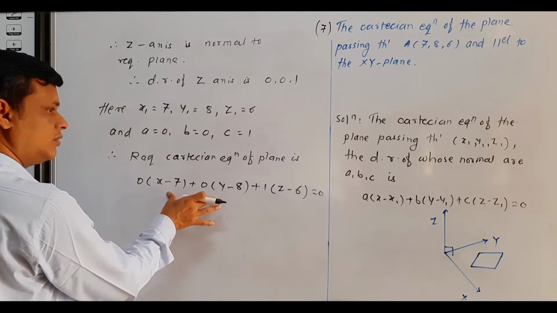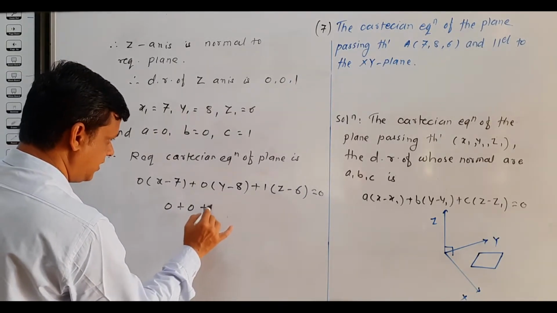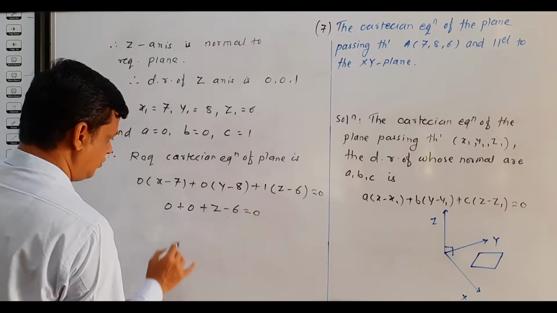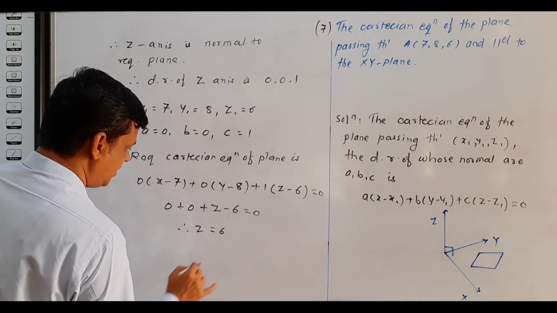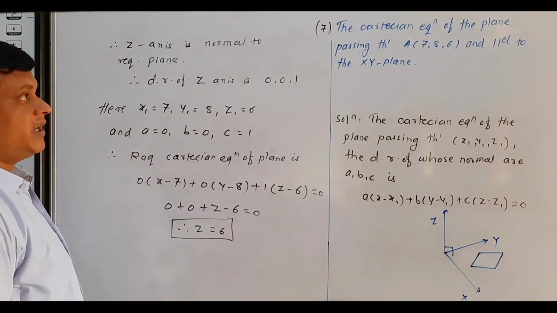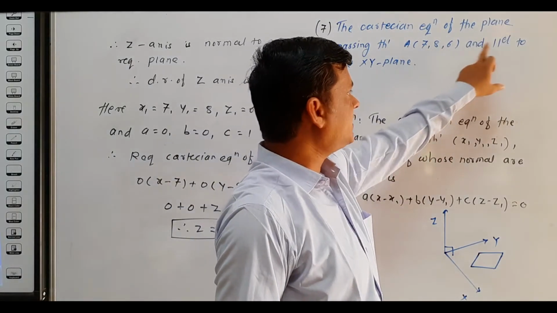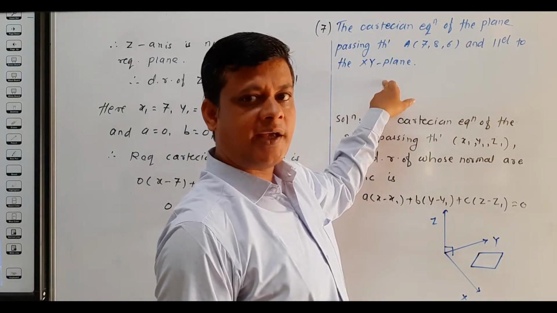So first two terms are 0. So we get 0 plus 0 plus z minus 6 equal to 0. Therefore z is equal to 6 is the required Cartesian equation of the plane passing through the point 7, 8, 6 and parallel to the xy plane.